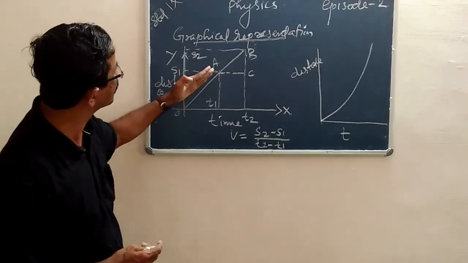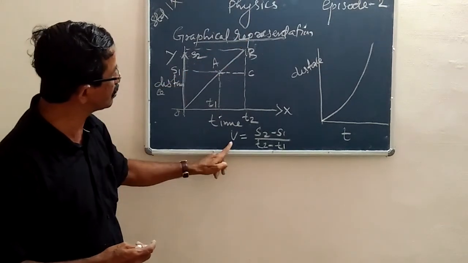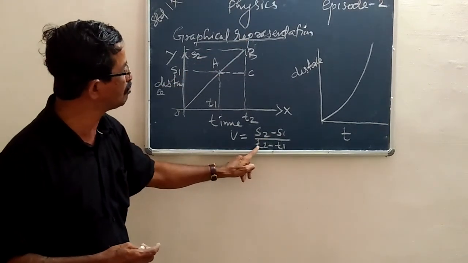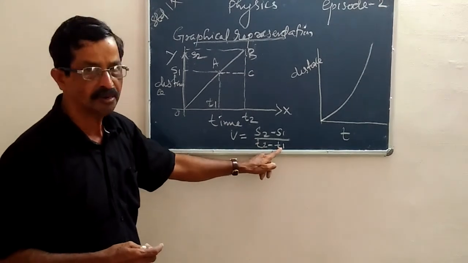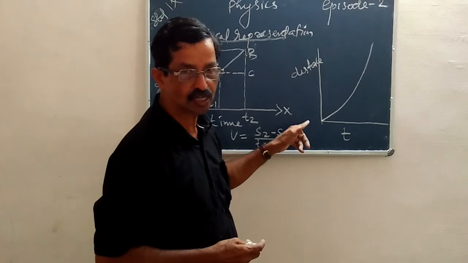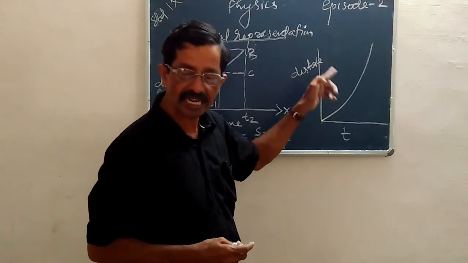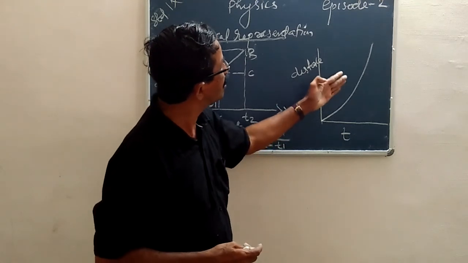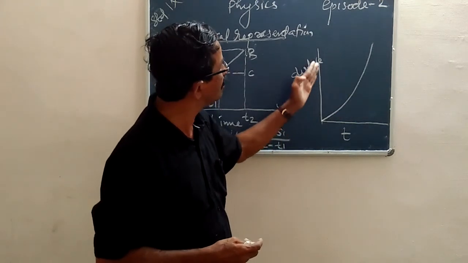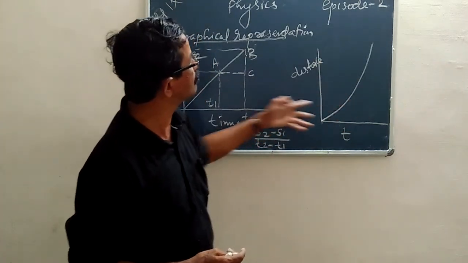If the speed is uniform, the graph is a straight line, and the speed is v equal to s2 minus s1 by t2 minus t1. If it is not uniform, that means it is in accelerated motion, the graph may not be a straight line; we get a graph like this. Okay, with this we can wind up today's class.